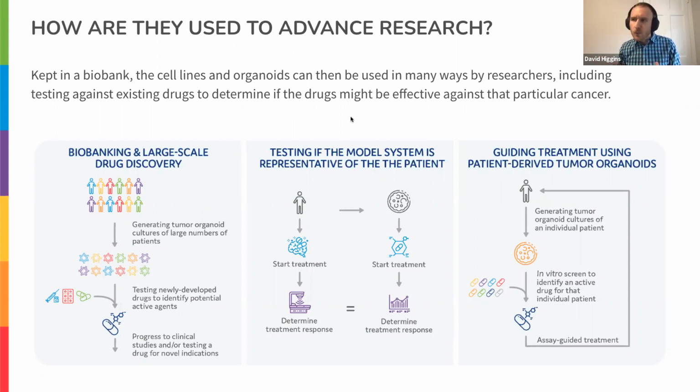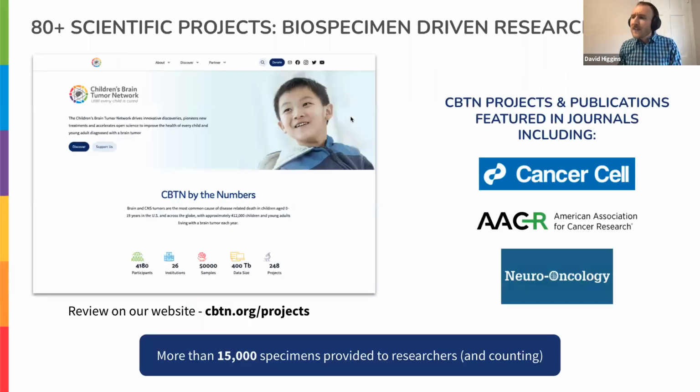So ultimately, there are lots of different ways that we can support research. And so far we've supported more than 80 different scientific projects, all based on the biospecimens alone. And these are also on our website, cbtn.org/projects. So you can begin to see what other researchers have been doing with our data sets.